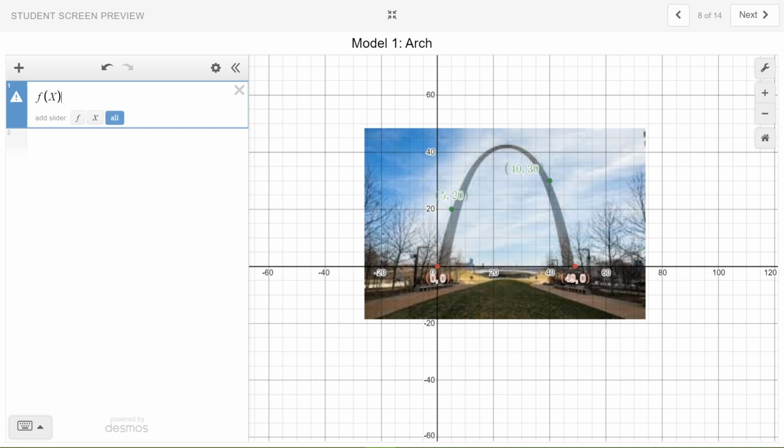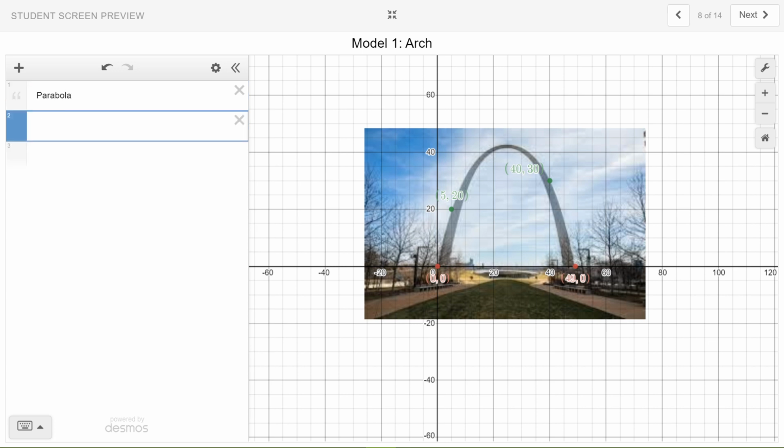So it's okay. So let's try one more. I'm going to start with a parabola model. f(x) = k(x - m)(x - n).